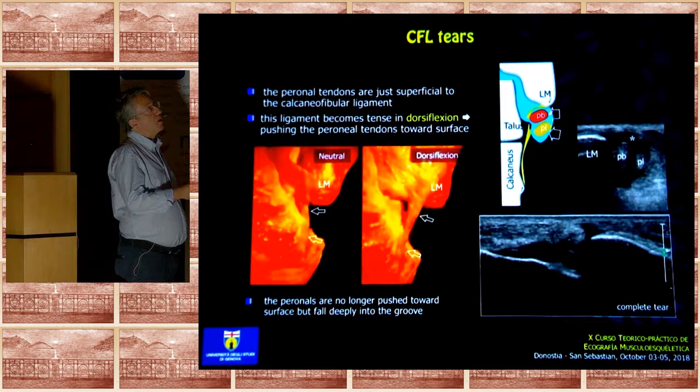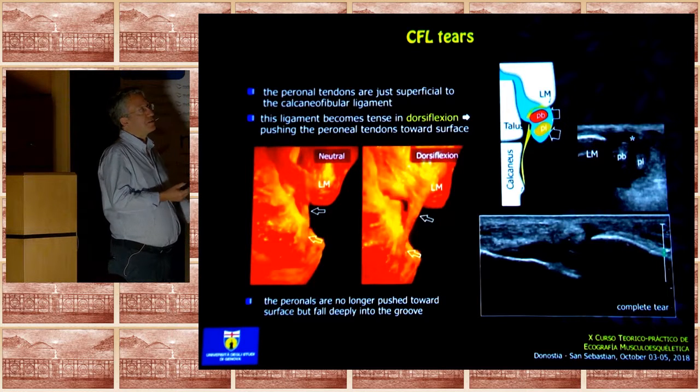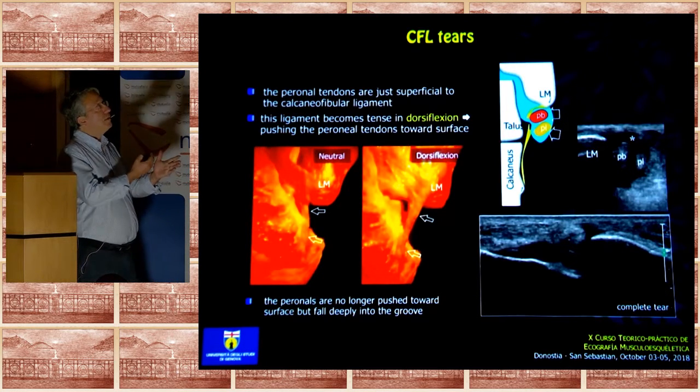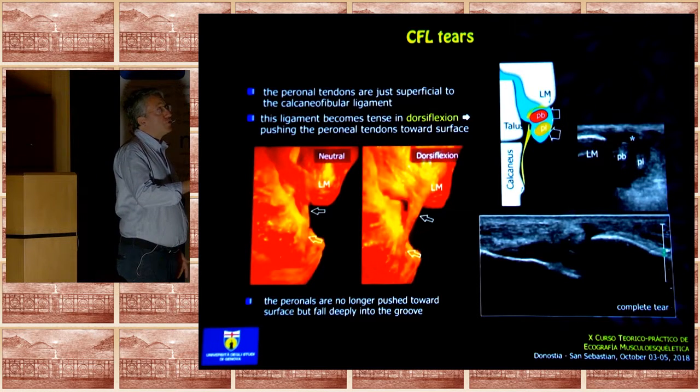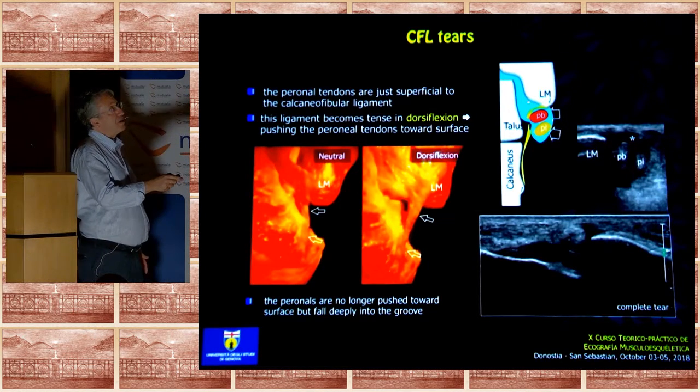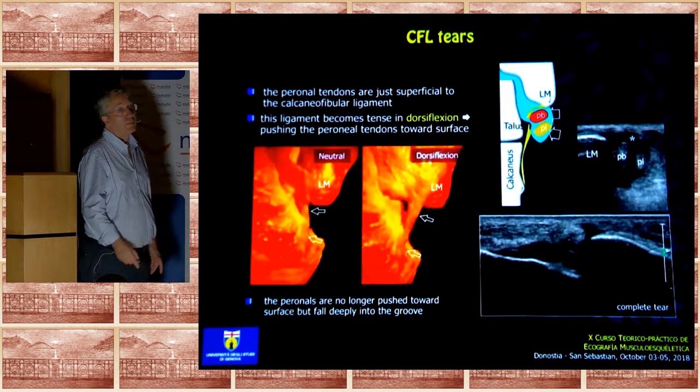So when we have a tear in the ligament, we have discontinuity of the capsule, and in 100% of cases there is a break also in the adjacent sheath of the peroneals, with the passage of joint fluid from the joint space into the sheath of the peroneals.